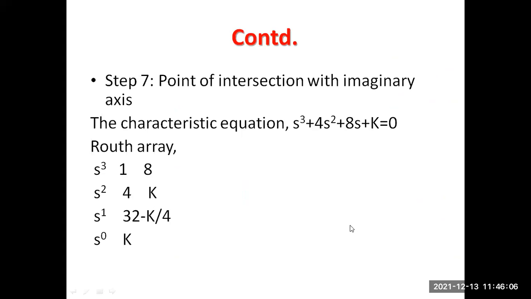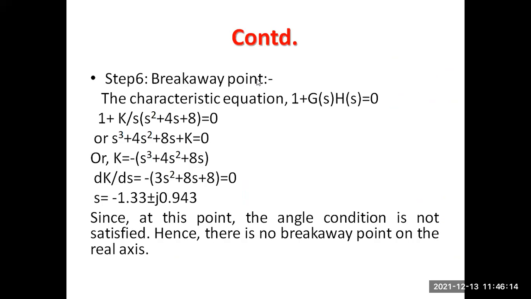Next you have to see the point of intersection with the imaginary axis. So you need to calculate first the value of K. You apply the characteristic equation, form the Routh-Hurwitz array, and from there you calculate the value of K for the system to be stable.